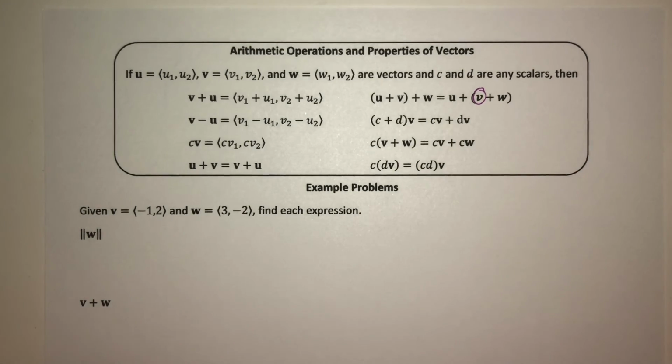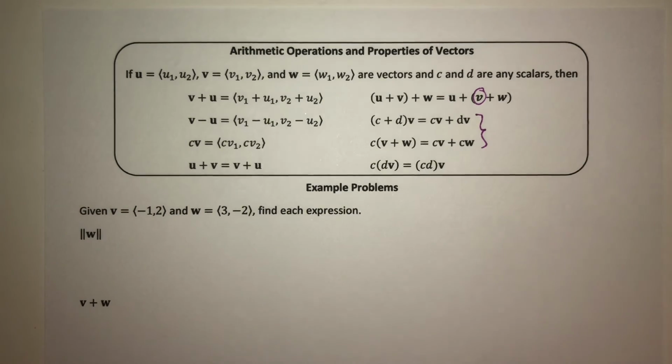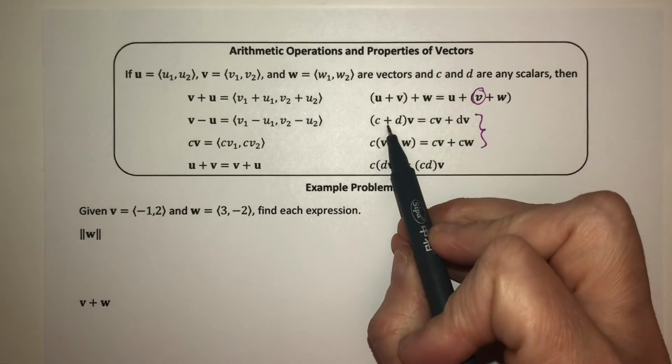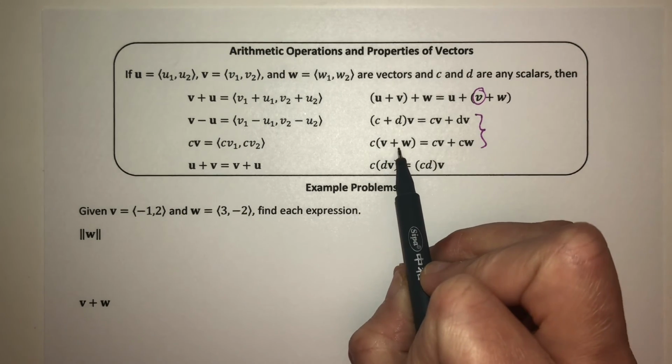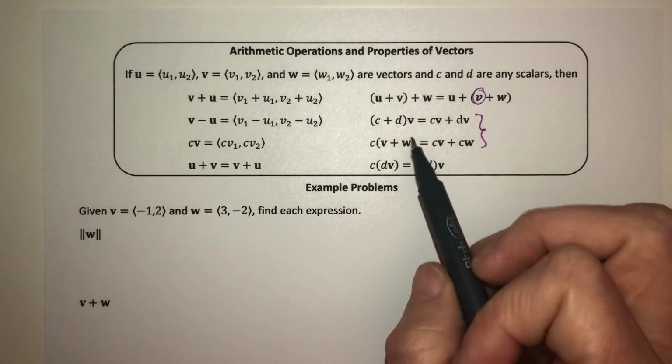Okay, now let's look at these two. And they're very similar in that they're both distributive properties, but they do say very different things because we have here, this is scalar addition, and this is vector addition. And those are two different operations, so it's not particularly obvious.